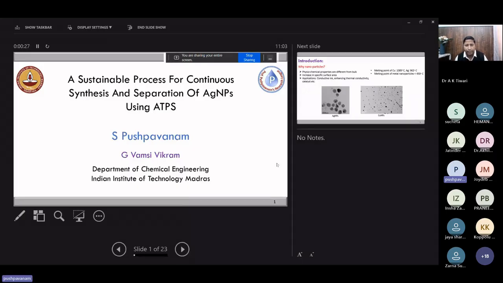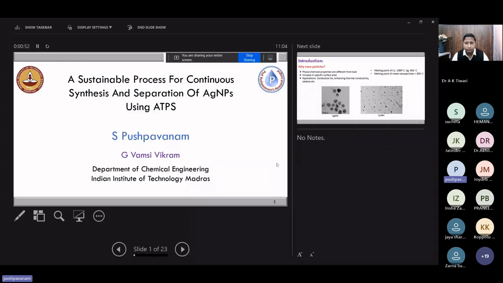And so you will see that we are going to talk about microfluidics, and there is a two-phase flow problem. Let us look at the topic first: sustainable process for continuous synthesis and separation of silver nanoparticles.